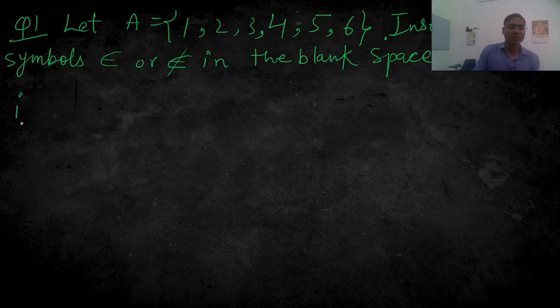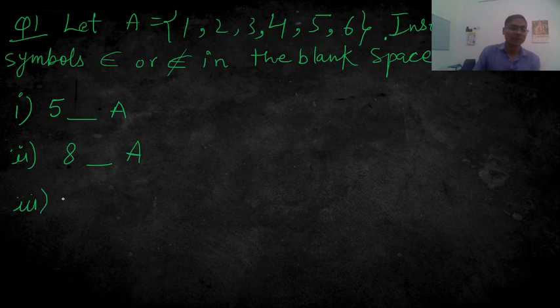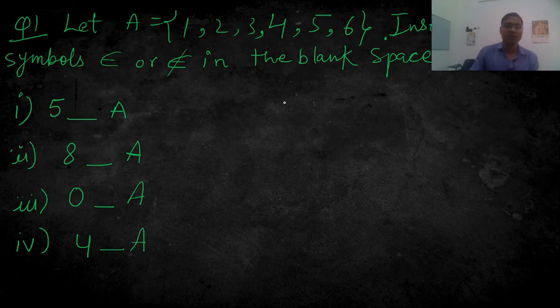First: 5 belongs to A. Second question is 8 belongs to A? Third question is 0 belongs to A? Fourth question is 4 belongs to A? Fifth question is 2 belongs to A? And sixth question is 10 belongs to A?